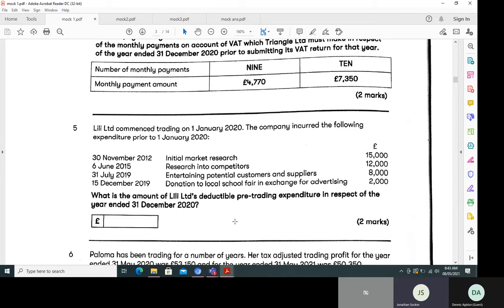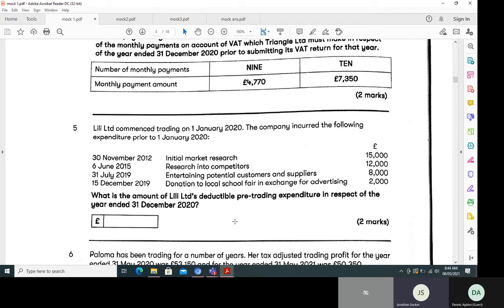If the expenditure was incurred more than 7 years before we started trading, whether it's allowable per the normal rule or not, so far as it's not within the 7-year interval, we will not deduct it. So for pre-trading, don't just look at the expenditure, also check whether it falls within the 7-year interval prior to commencement of trade.